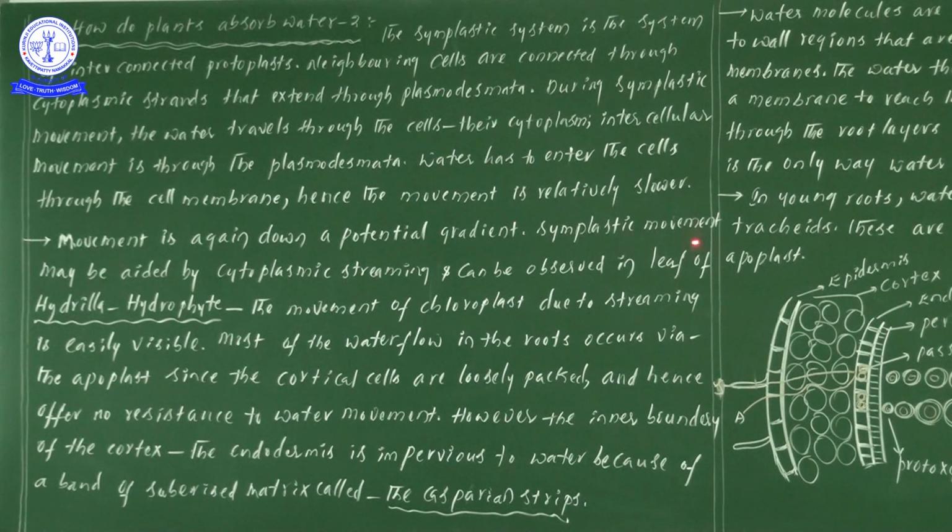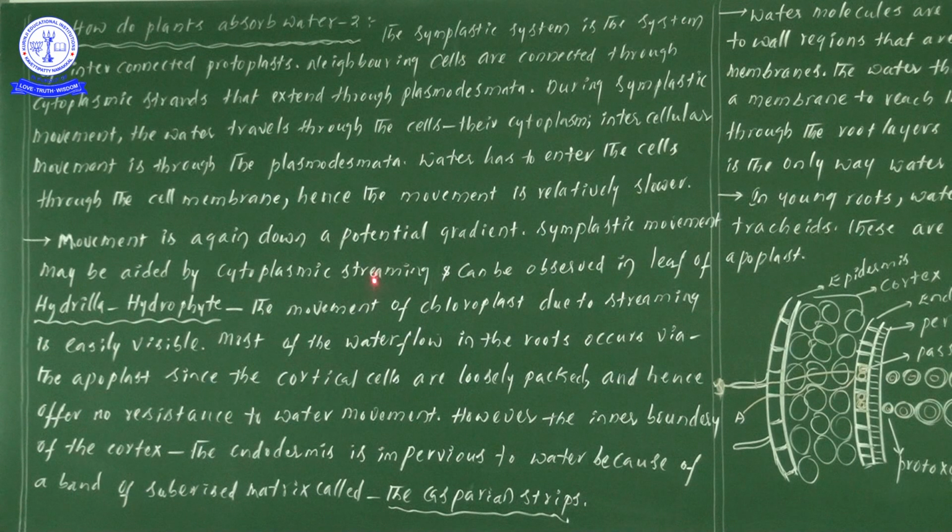Next, symplastic movement may be aided by cytoplasmic streaming, and cytoplasmic streaming can be observed in the leaf of Hydrilla. When water molecules go from one cell to another, the movement or streaming of water is mainly under the regulation of cytoplasmic streaming.